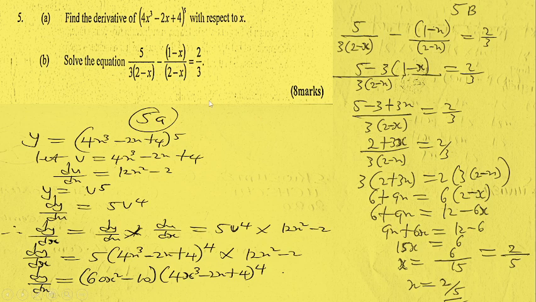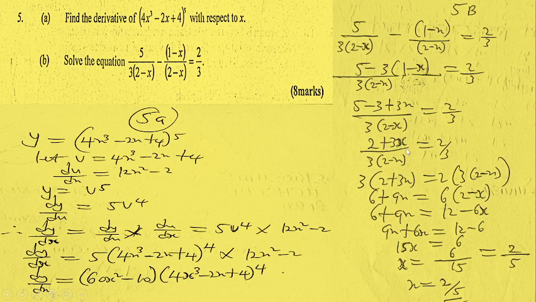Then minus 2 minus x in 3 into 2 minus x, that will give us 3 left. So 3 times this equals 2 over 3. Then if I open this bracket, we have minus 3 times 1 which gives minus 3, then minus 3 times minus x which gives plus 3x, all over 3 into 2 minus x. Then from there, 5 minus 3 gives us 2.